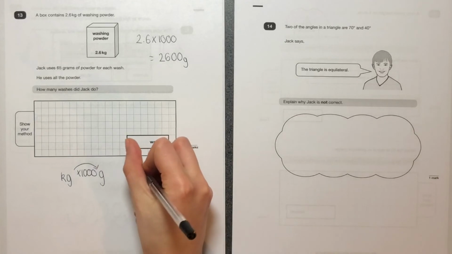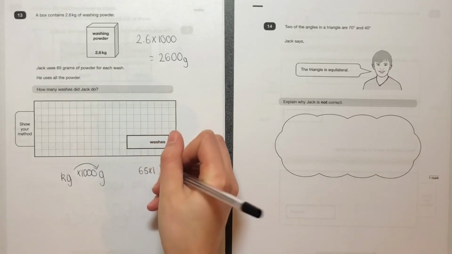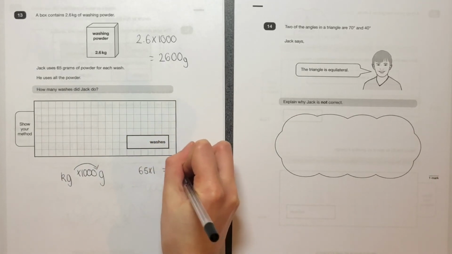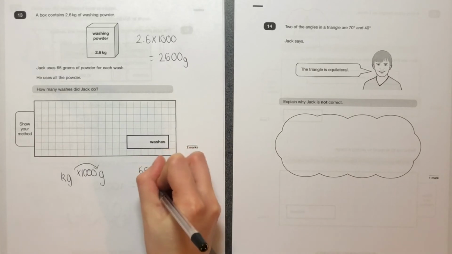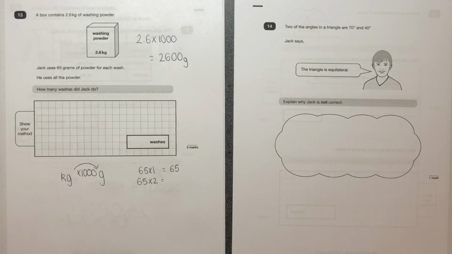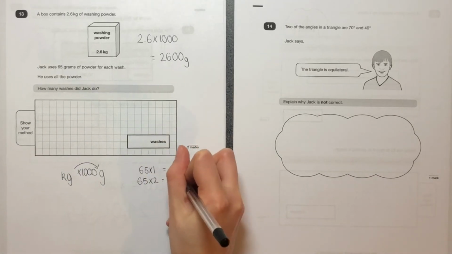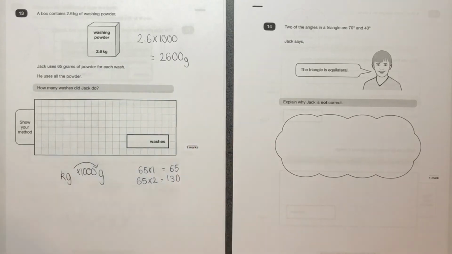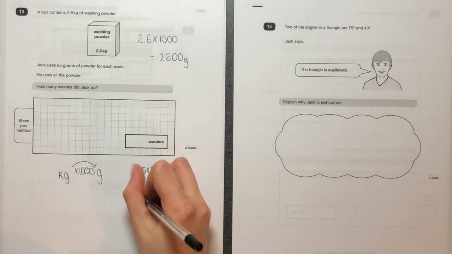So 65 times by 1 gives us 65. 65 times by 2, that gives us 130. 65 times by 3. Now I can't work that out mentally, so I'm going to do a column method for that.